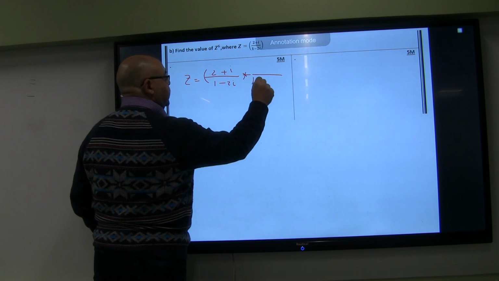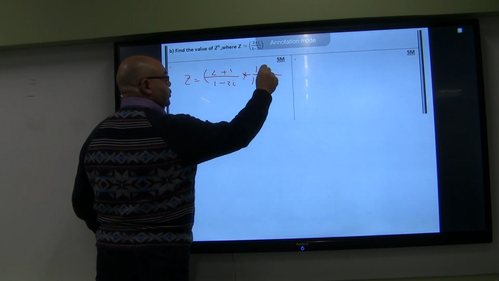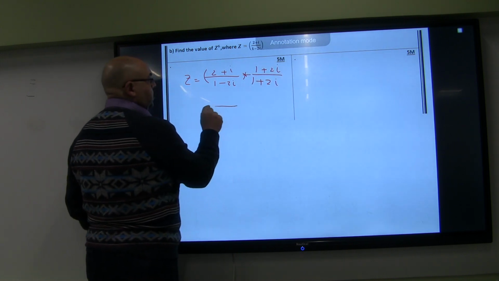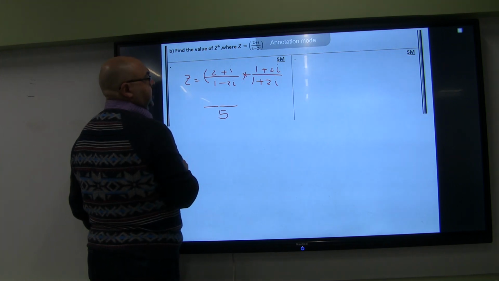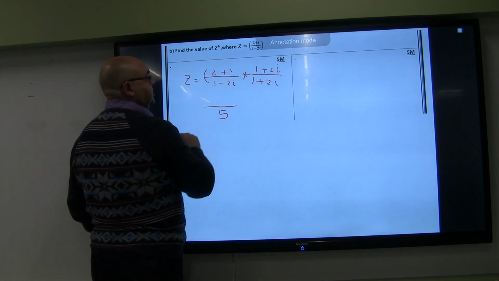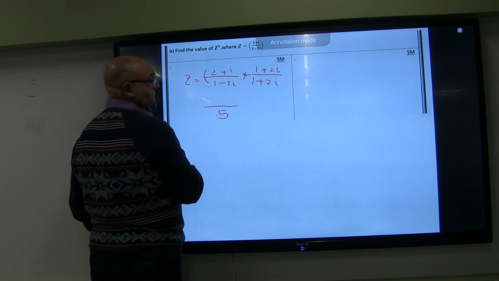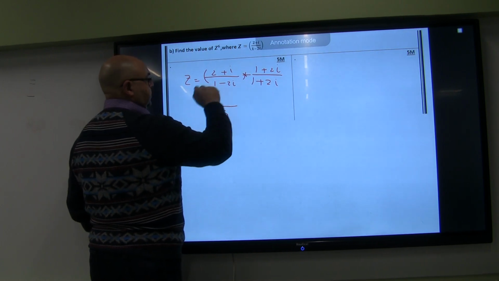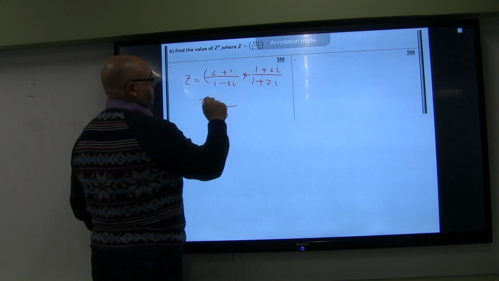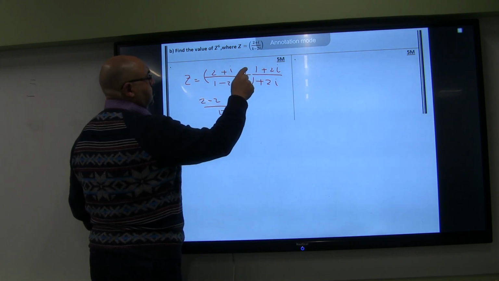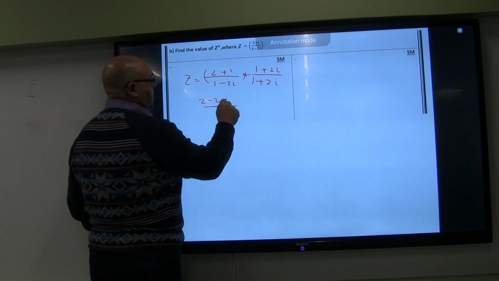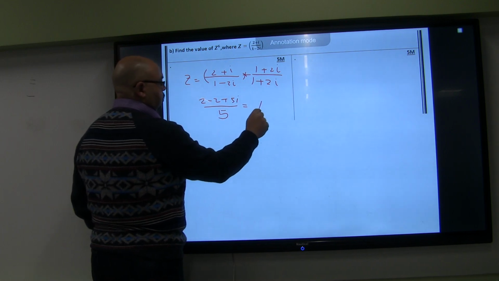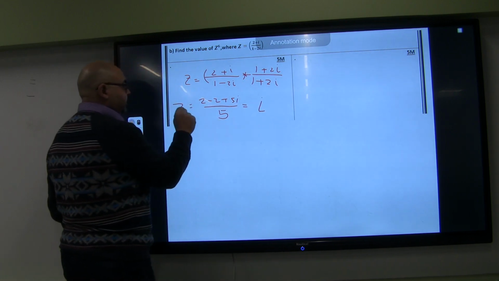Multiply by the conjugate of the denominator, 1 plus 2i, and you will end up having 5 in the denominator. In the numerator, it's 2, then negative 2, then i plus 4i, which is 5i, so you end up having i. This is the value of z.